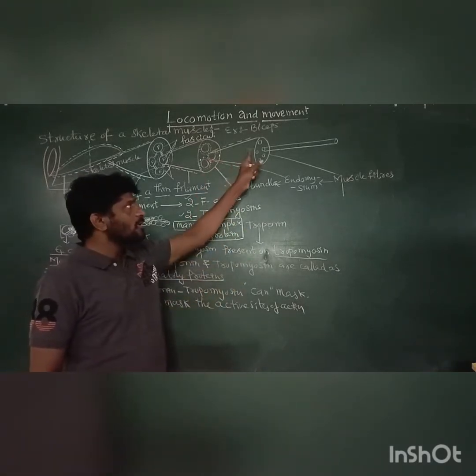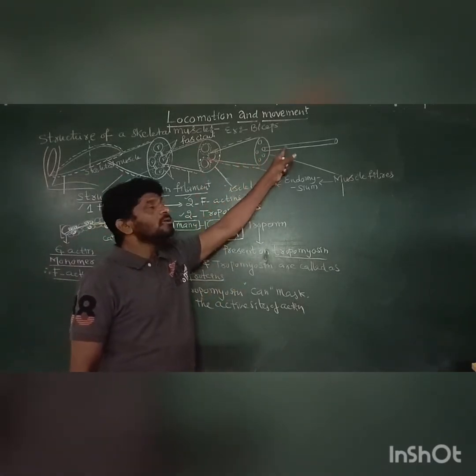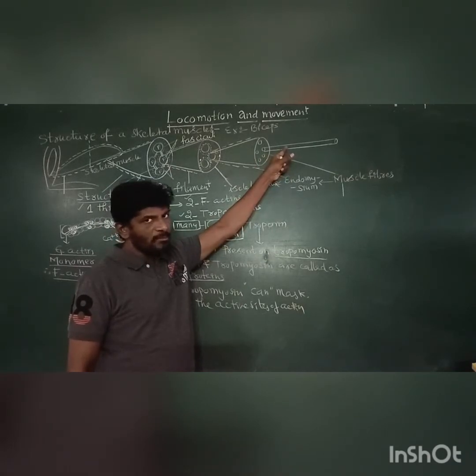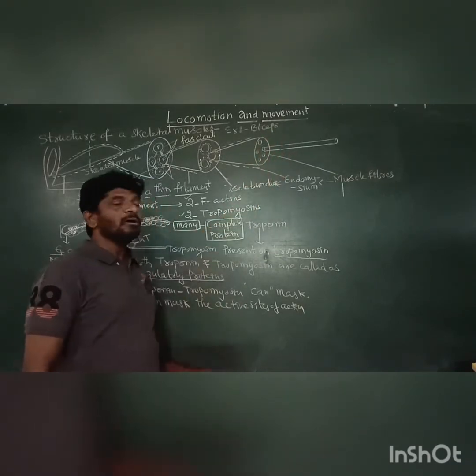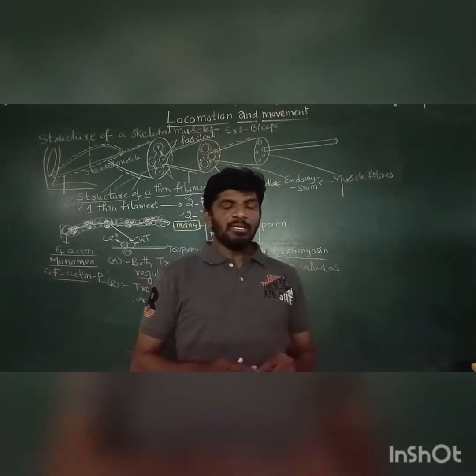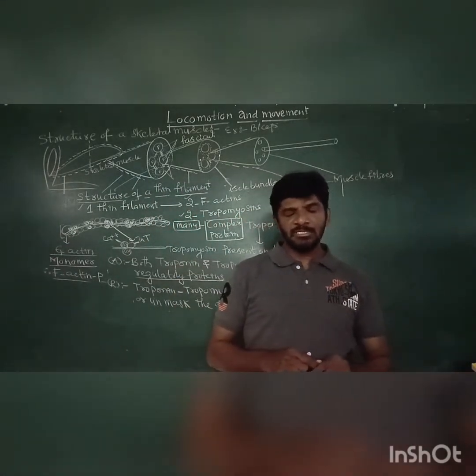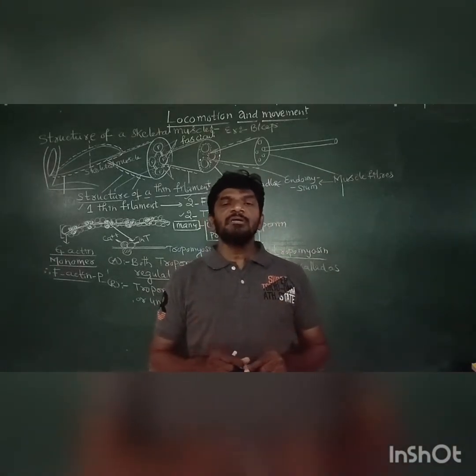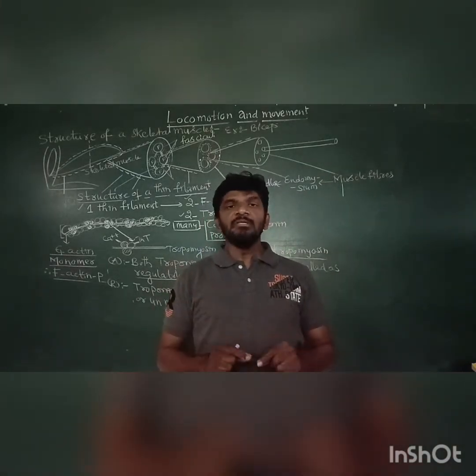Each muscle fiber contains parallel arranged myofibrils. Myofibrils contain myofilaments. In the muscle, there are two types of myofilaments: thin filaments and thick filaments.